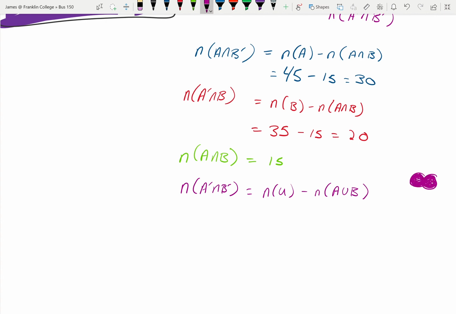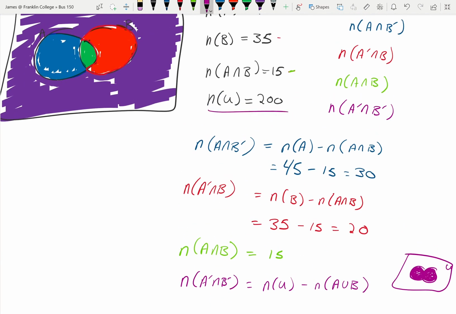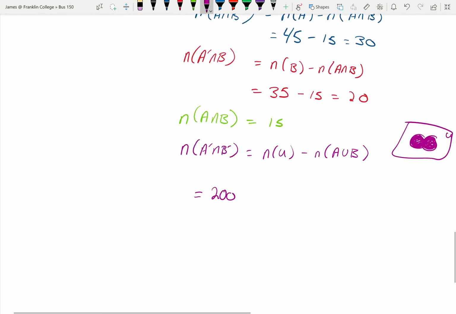So we want to figure out the total number that's in the universal set minus what's in the union, and that will tell us all that outside white space that I just drew over here in the corner. So we got to remember this will equal, we've already been told that the total number of elements in the universal set is 200, and that is going to be minus the union.